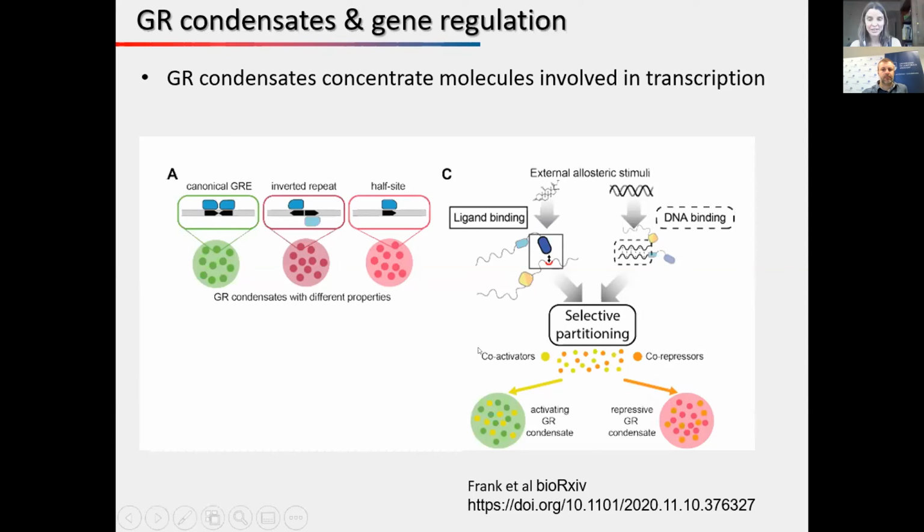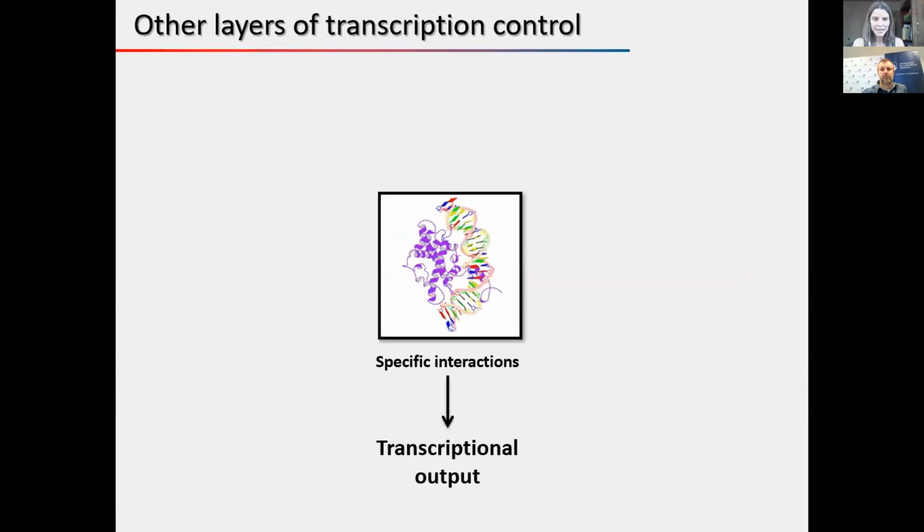So you can have, for example, foci that are enriched in co-activators or other foci that may be enriched in co-repressors. So different foci may have different composition, and if they have different composition, they probably play a different role in transcription regulation. So I think I'm pretty much done with that.